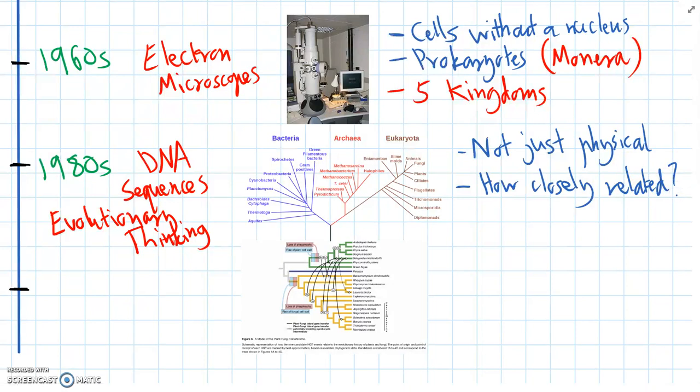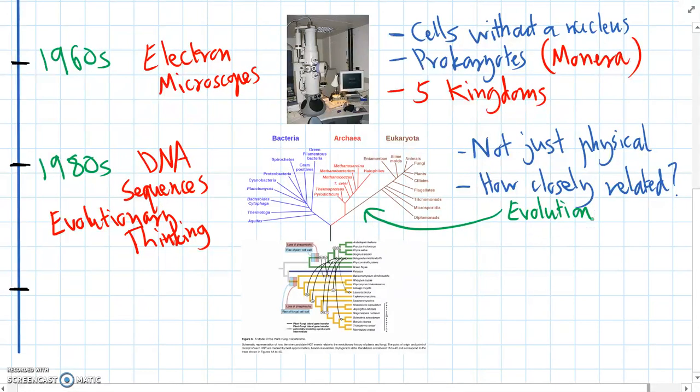So we started to build dichotomous keys like this one here that aren't just based on common features, but are based on evolution. And these are actually called phylogenetic trees.